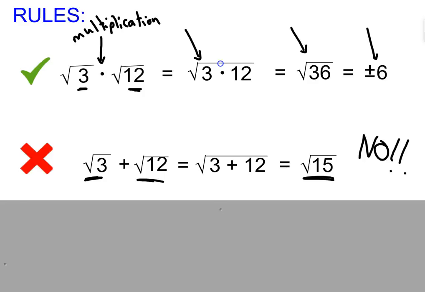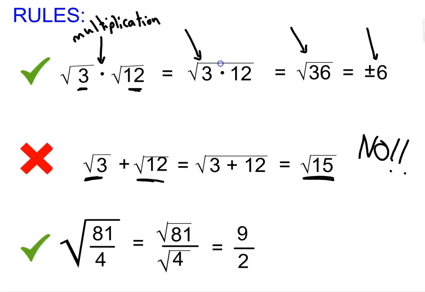The last rule is a division quotient. If you have a square root of a fraction like this, 81/4, you can rewrite the square root fraction as the square root of the top divided by the square root of that bottom number as two separate square root problems.